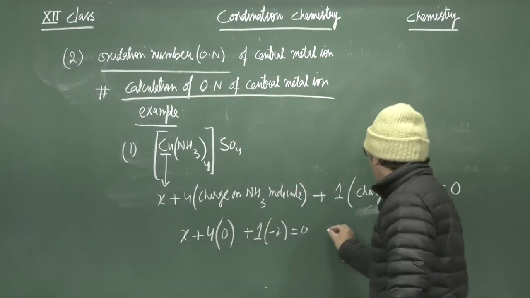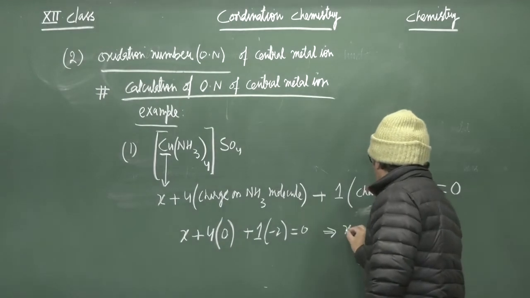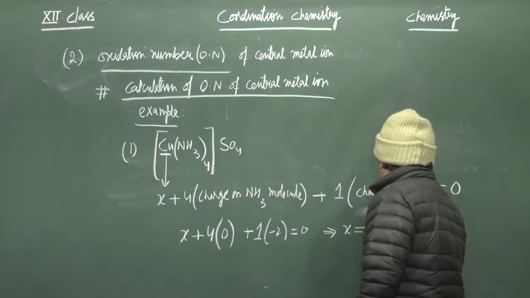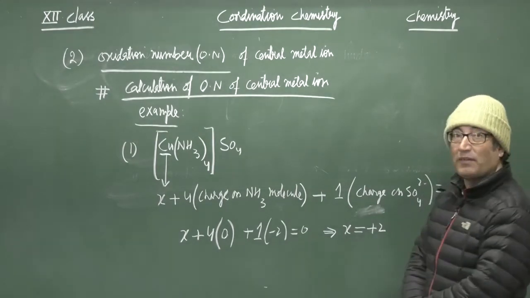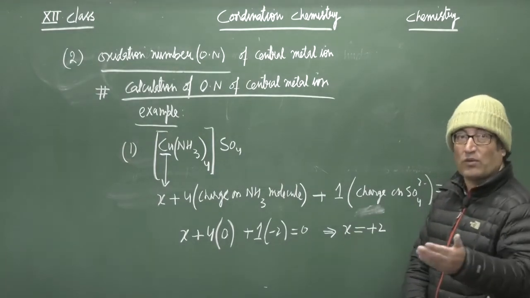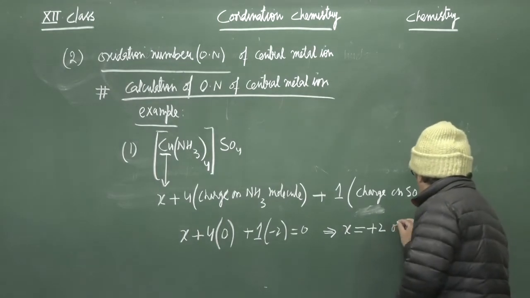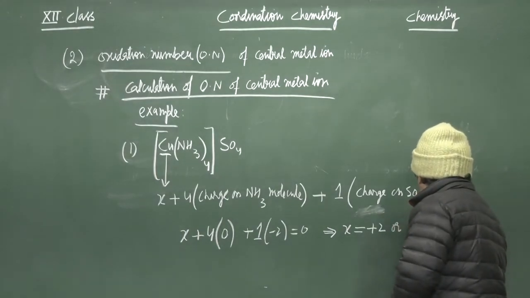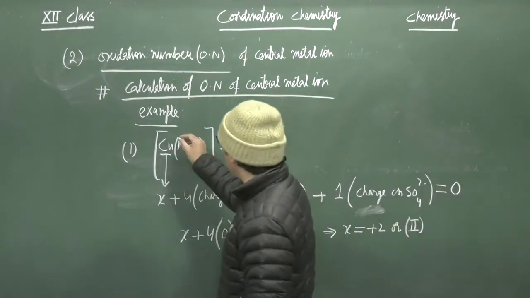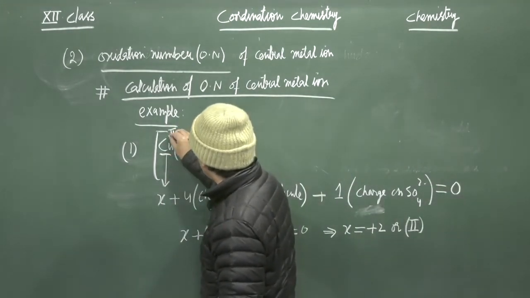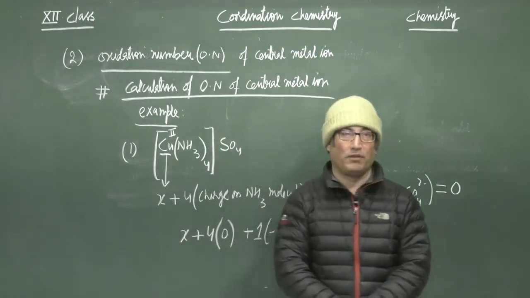If you equate it, what will we get? It will imply X will be equal to +2. And when you express it in Stock notation, we can write it as II. So in this compound, the central metal ion, copper, has an oxidation state of +2.